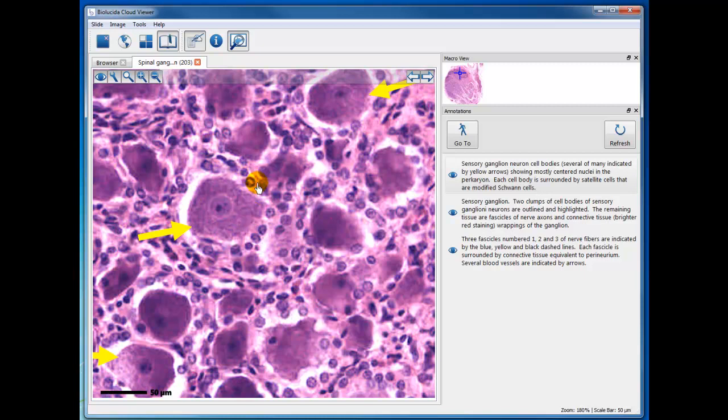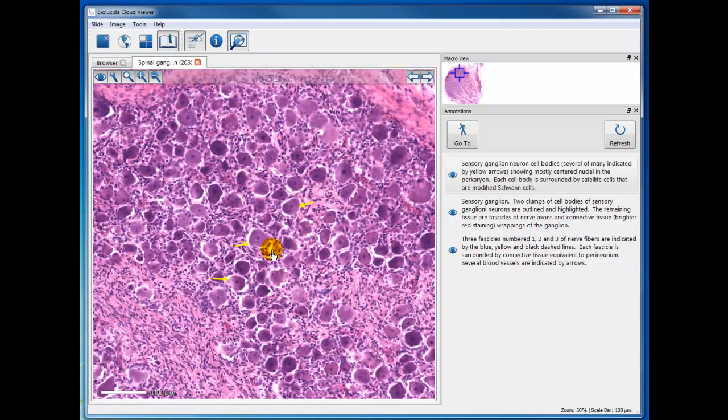But you can also see the satellite cells around here, which really are modified Schwann cells that are coming up over, extending from the nerve fibers that are connected to these neurons. So study that and combine what you learned here with WebMic and the lecture.